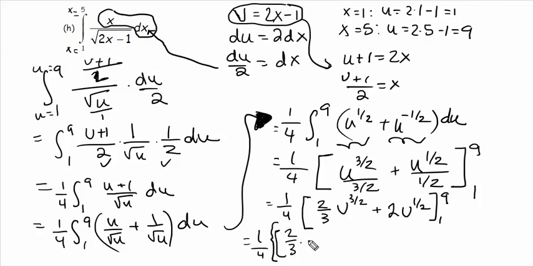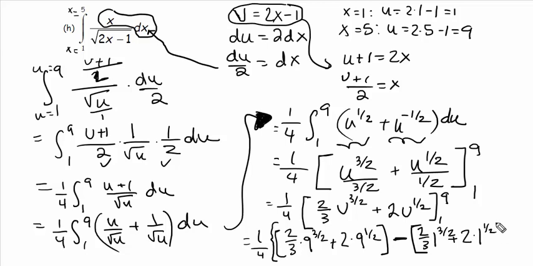So 2/3 times 9 to the 3/2 plus 2 times 9 to the 1/2, then minus what I get when I substitute in the 1, 2/3 times 1 to the 3/2 plus 2 times 1 to the 1/2. And I'm not going to do this all out, especially because I'm running out of room, but you should end up with 16 over 3.